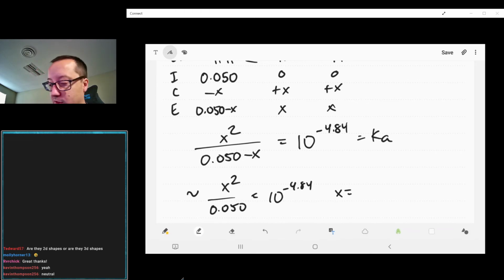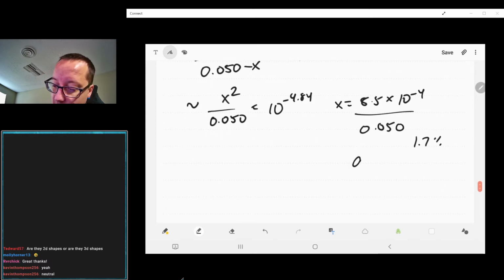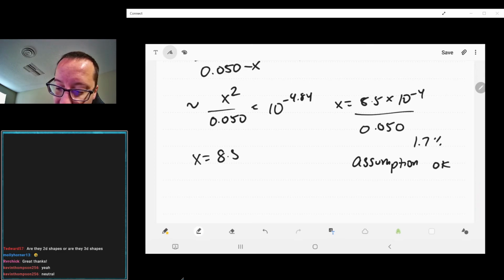Our answer is 8.5 times 10 to the negative 4. Let's check the percentage, and we get 1.7%. So our assumption is okay. x is 8.5 times 10 to the negative 4 molar.